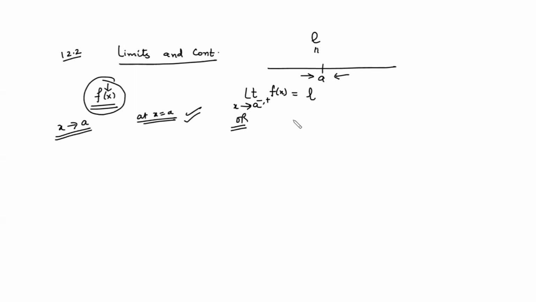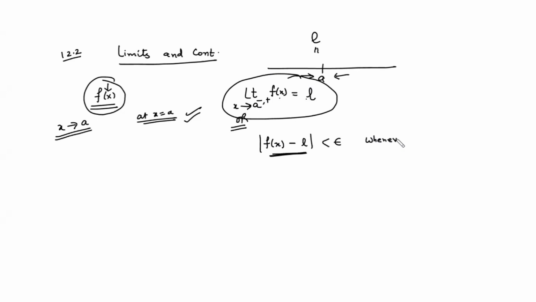And how will you write this limit? This is the mathematical notation. Another way we can write this is that the difference of f(x) and L is negligible, very, very small, whenever the difference of x and a is very, very small. जब आप x को a पे अप्रोच करा रहे हो, either from the left side or right side, that's why I have taken the mod. लेफ्ट साइड से भी जा सकते हो, राइट साइड से भी जा सकते हो.